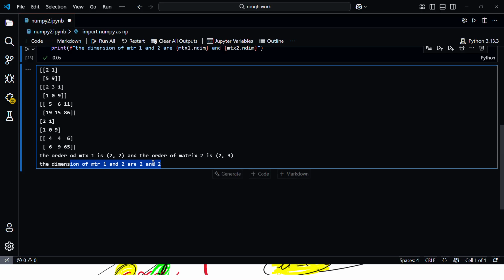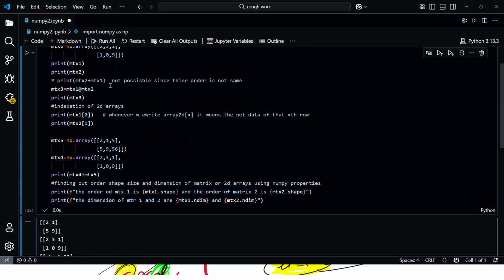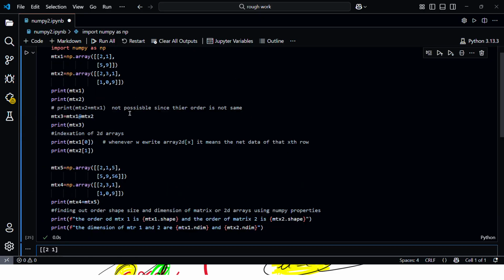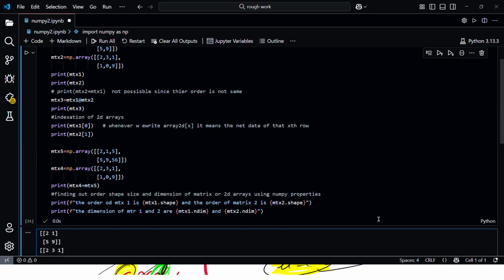The dimension of matrix 1 and 2 are both 2. That means this is a 2D array, and this is the indication that it's a 2D array.